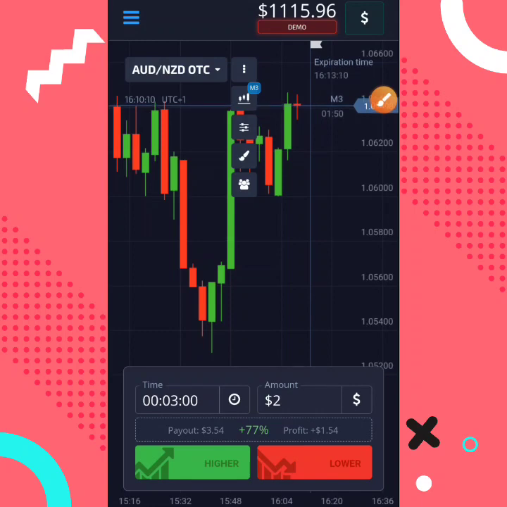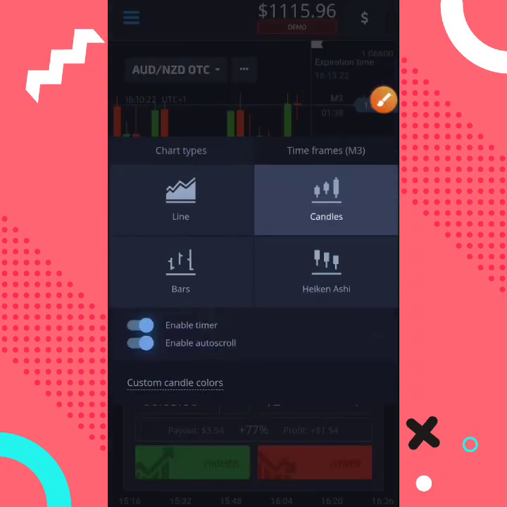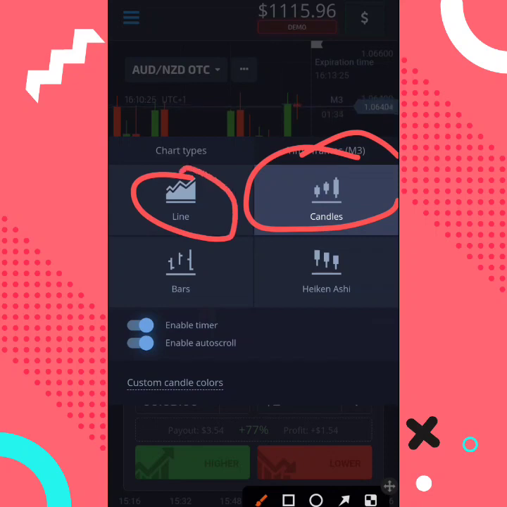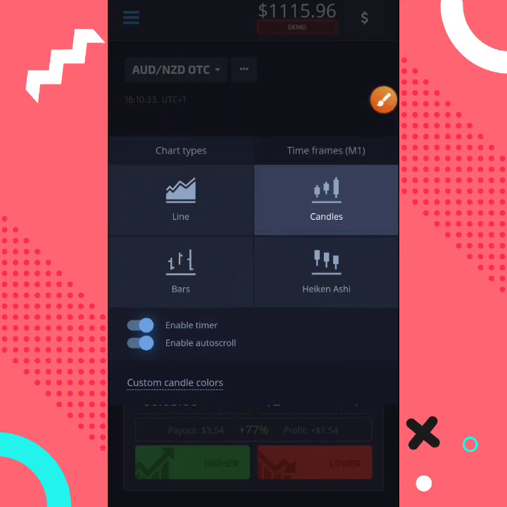Okay, so the first one here talks about the candle display style and the candle time frame. So here we have candlesticks, line, bar, and so on, but we mostly use candlesticks. So I will select candlestick.